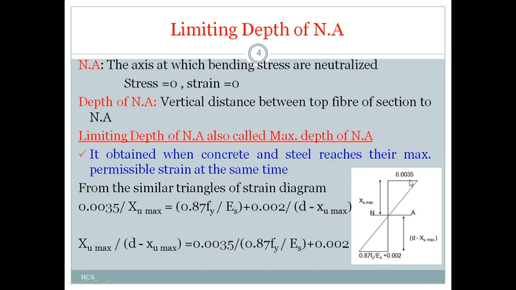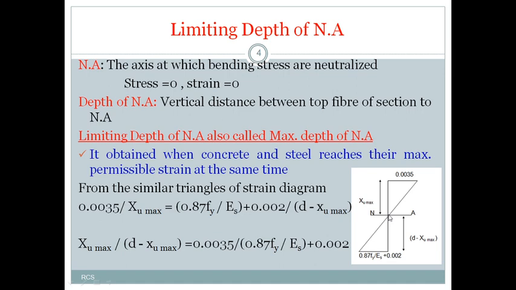If the strain in concrete and the strain in steel reach their maximum values at the same time, then this linear line of the strain diagram will pass exactly through the neutral axis. It will intersect at the neutral axis.